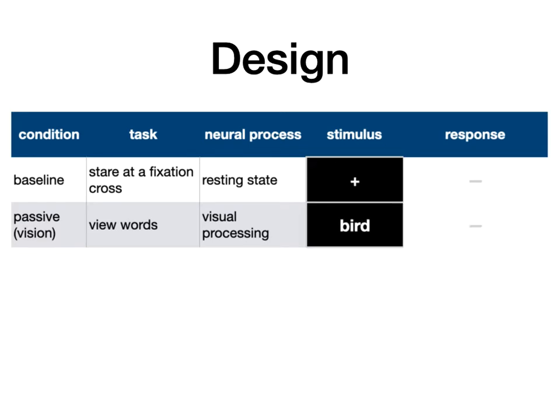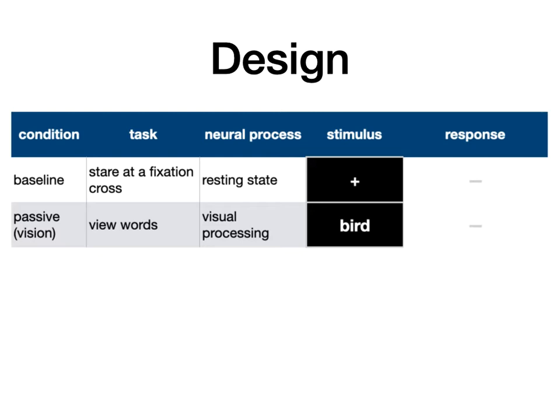You're not being asked to do anything with the information. Just look at it. This presumably would not recruit other parts of your brain that would be involved in doing something interesting with the word. It's just the word. Okay, cool. So now, if I have a scan of your brain when you're processing the word bird, and a scan of your brain when you're doing nothing, I can subtract the two.